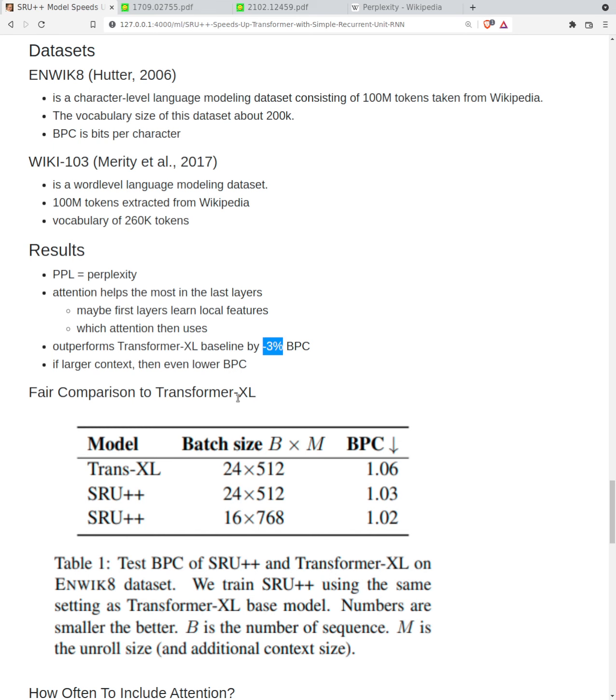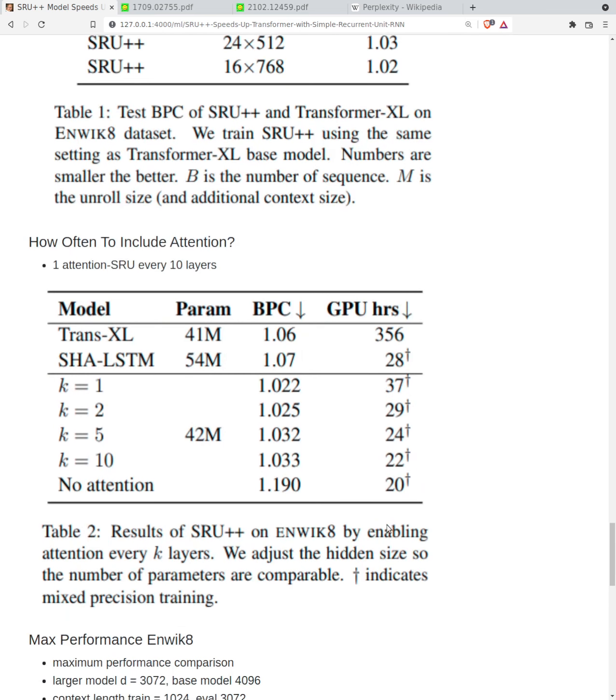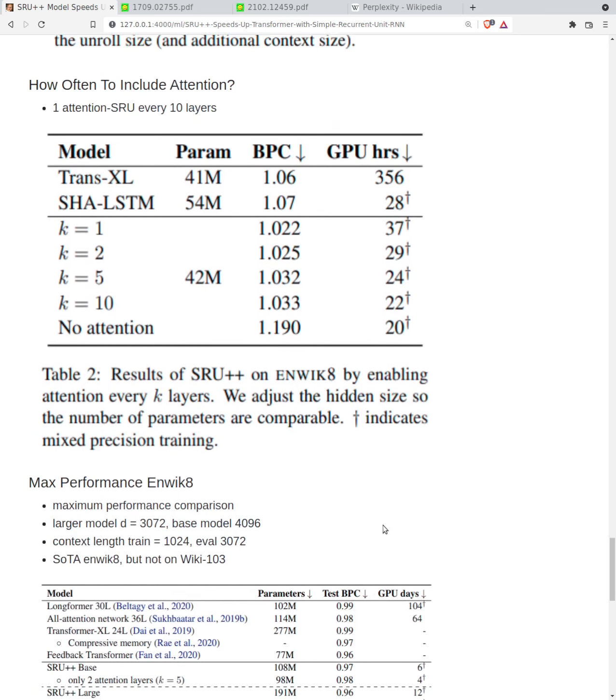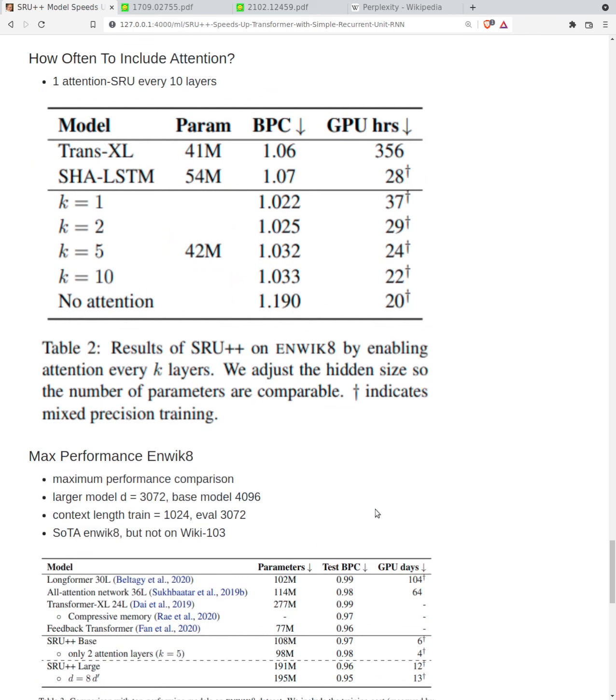Yeah, it's not twice better, but it's quite a lot. And it's a very fair comparison. This comparison is very fair because they use specifically the same byte size, same context size, and they still outperform this.